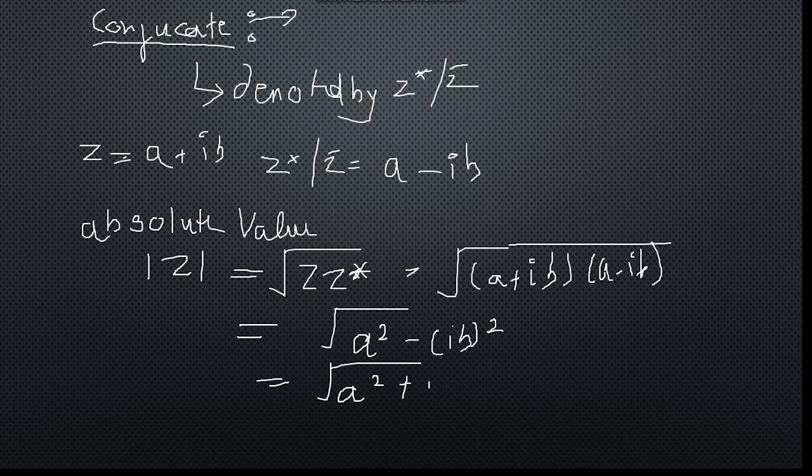Why plus? Because iota square is equal to minus 1. So this is the absolute value of any complex number, or you can say the magnitude of any complex number.